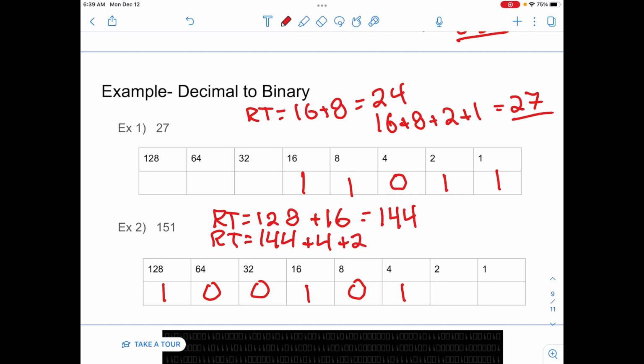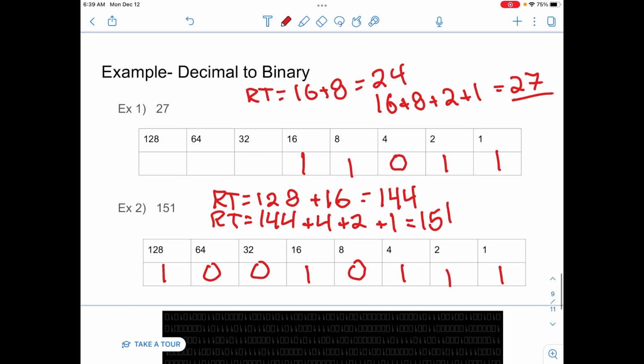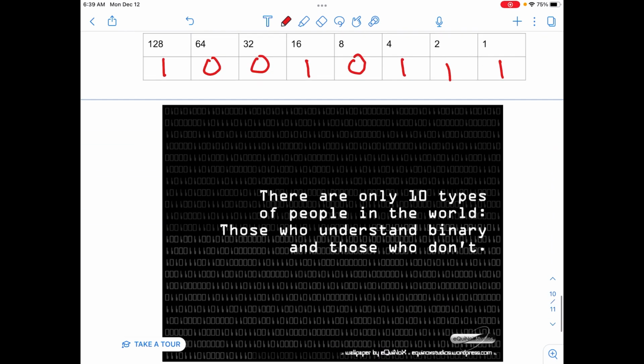Plus my 2 would bring me to 150. Plus my 1 would bring me to 151. So 128 plus 16 plus 4 plus 2 plus 1 is 144, 148, 150, 151. So the number 151 is 10010111 in binary. A little trickier one to make.